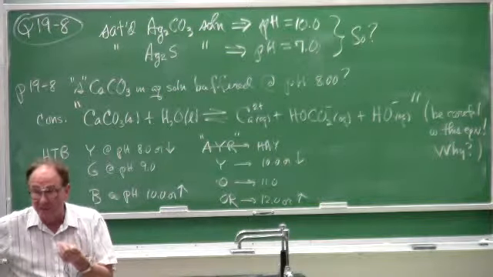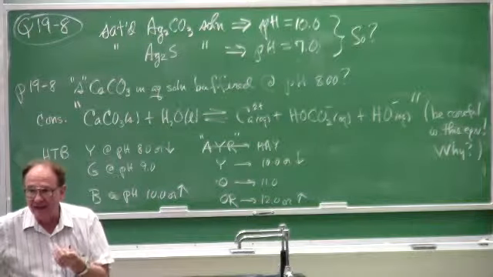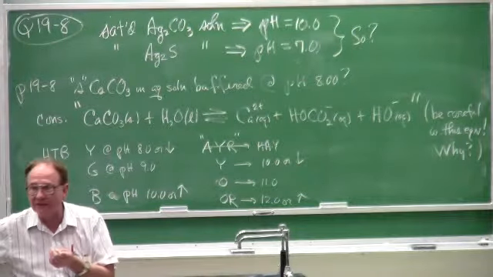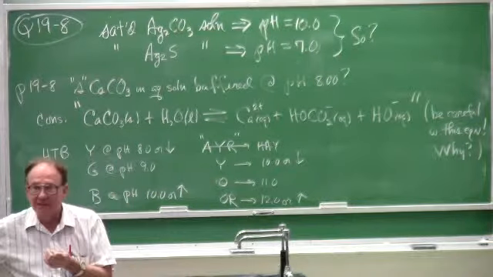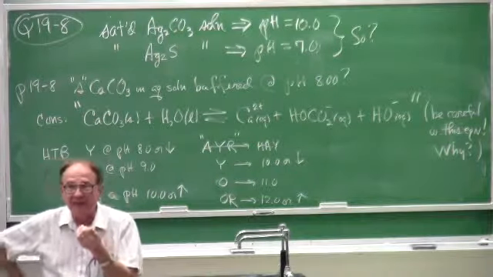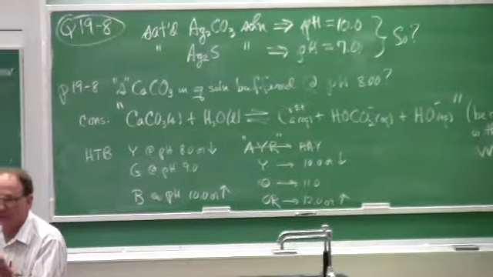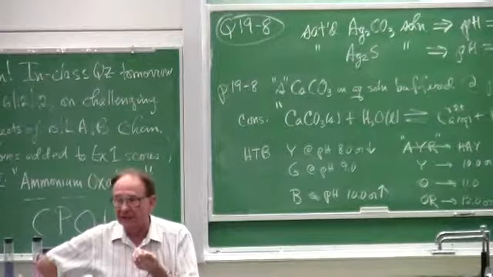Now, silver ion's in there, but how about sulfide ion? The sulfide ion converts quantitatively to hydroxide ion and hydrogen sulfide ion by hydrolysis. So I've already got a handle on pH for a saturated silver sulfide solution, and I've got a handle on silver sulfide solubility.